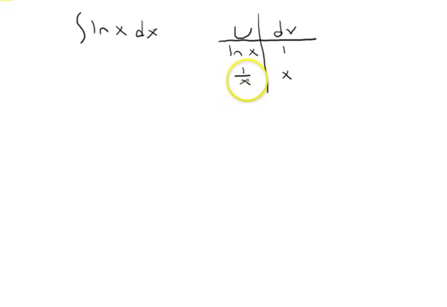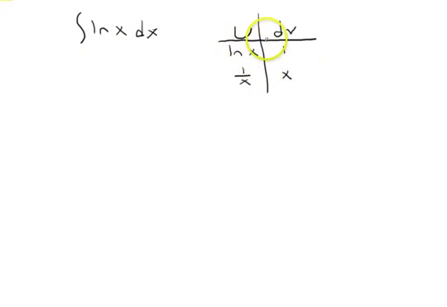When we're completing the table, we want to be mindful of what the integral would be when we look across a row. So in this case, we have an integral that would be the integral of the quantity 1 over x times x. So that's something that's much easier than what we started, so we could probably stop there.